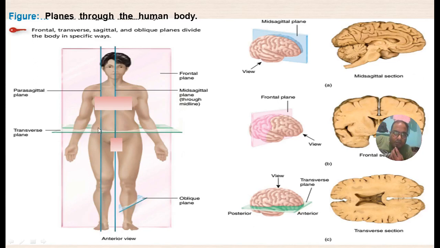And also between the frontal plane and the mid-sagittal plane there is an angle of 90 degrees. And similarly, between the frontal plane and the transverse plane there is an angle of 90 degrees.